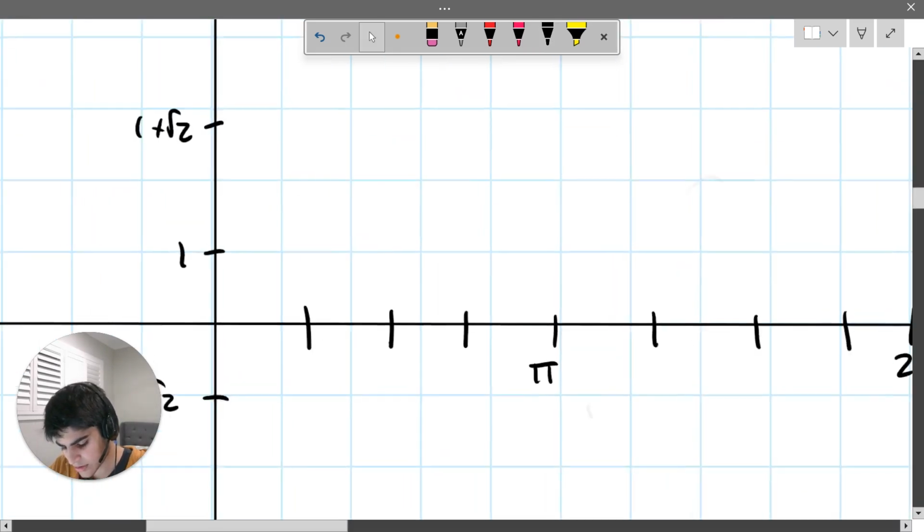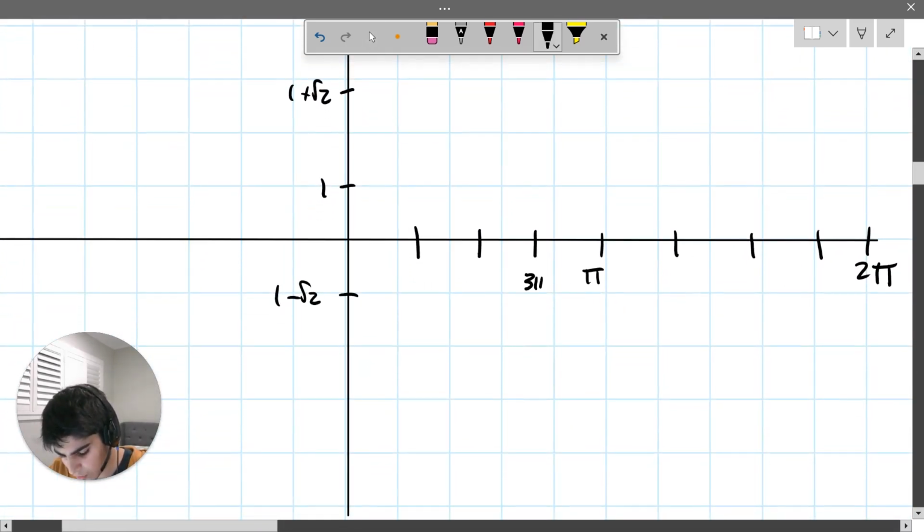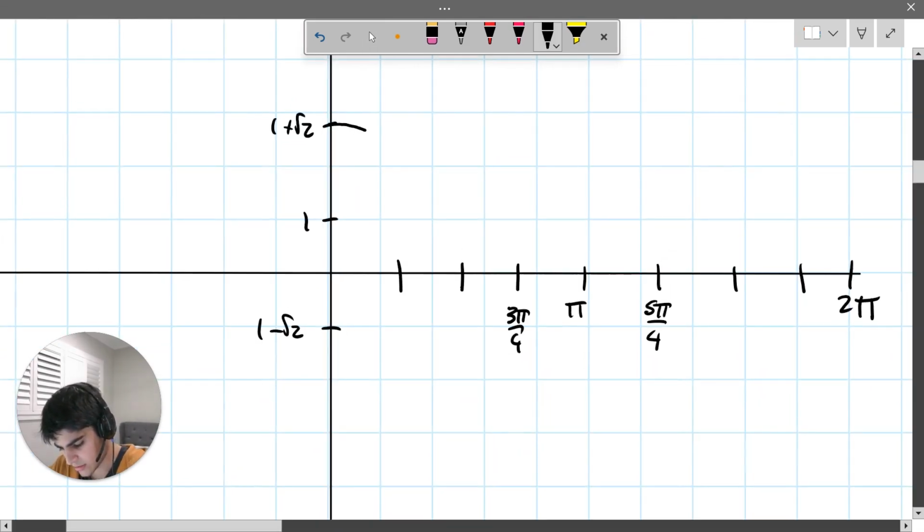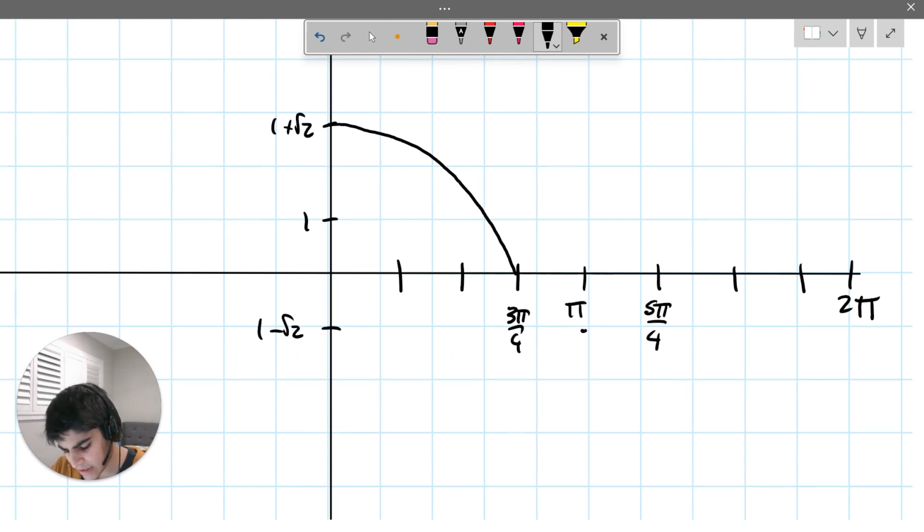Space this out. Our first point is 3 pi on 4, and the second point is 5 pi on 4. Let's draw this out. Our minimum point is at pi, because our next intercept is 5 pi on 4, right here.